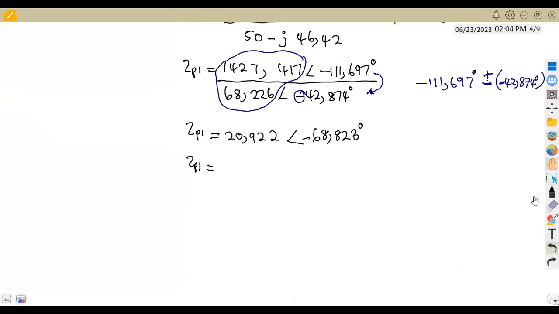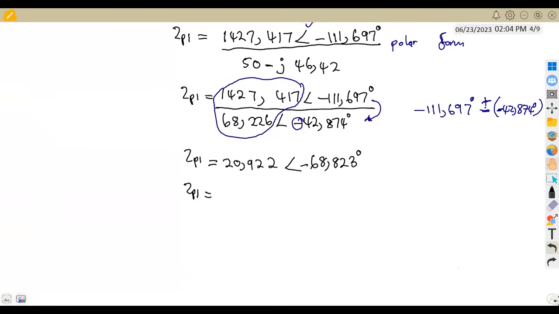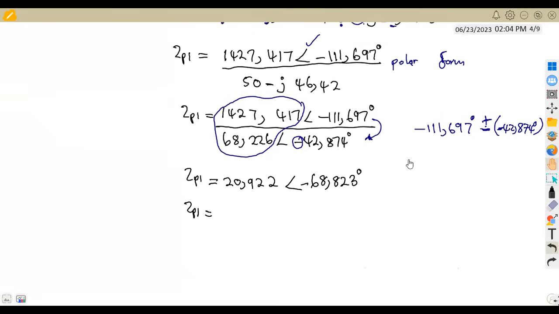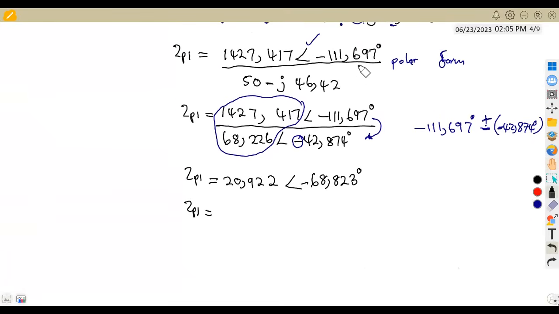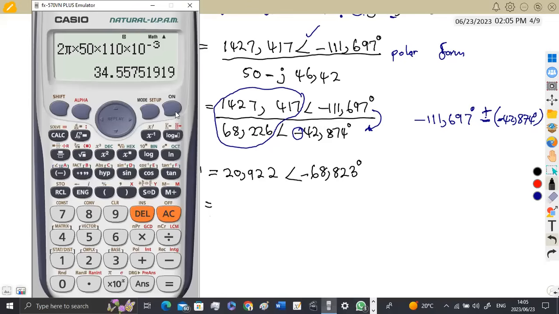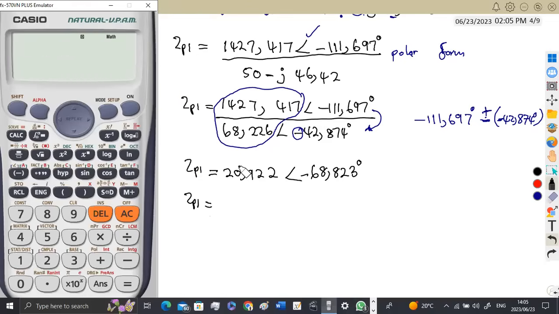All right, so let us convert this to rectangular form. So we just need our calculator. All right, so let me share back so that we can see again our screen so that we can do this to rectangular. So to rectangular form this time, it's again the same thing. Shift, but you are to rectangular form. So you go to this one, rectangular form here, a negative.